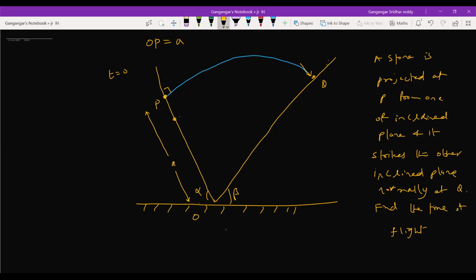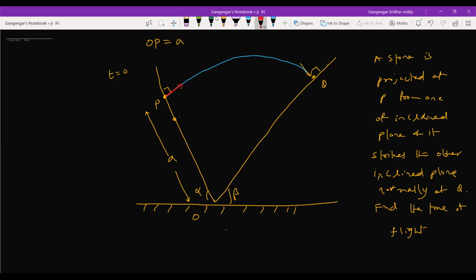Here we have projected with a certain speed that is also not given, and it will strike the other incline normally here also. So you can proceed like this.